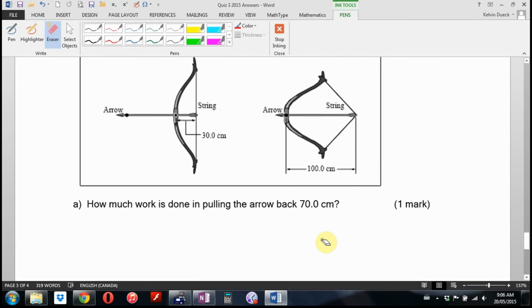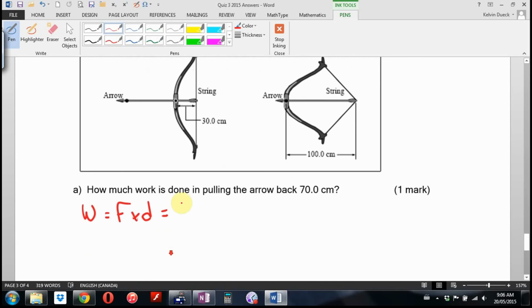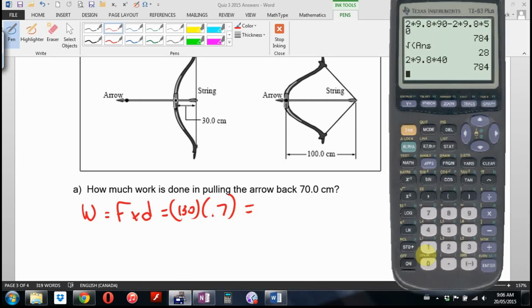Apparently, I can tell you how many joules of energy were stored in this bow by going force times distance. It was 130 newtons of force pulled back 0.7. And this is how you can actually calculate how much energy you've stored in something. 91 joules of energy.